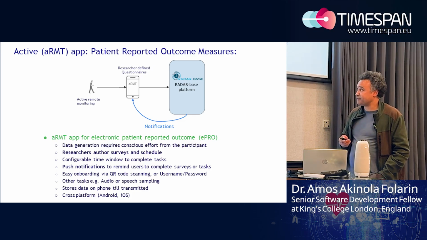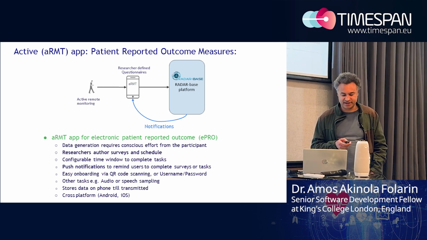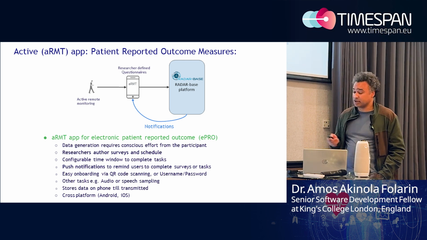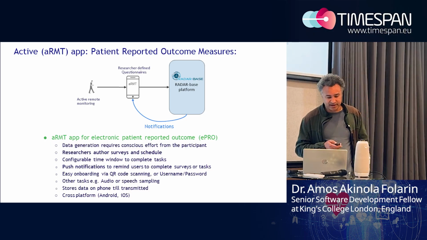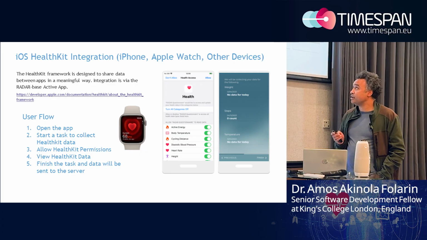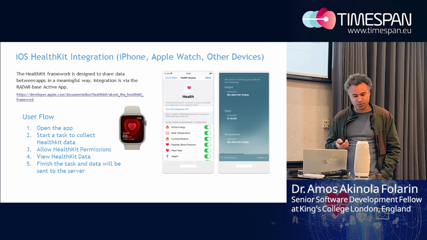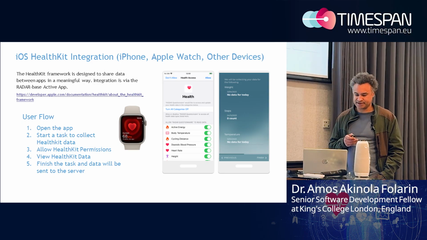We also have a few other things which we more recently started to do with the Active app, such as collecting speech samples. And again, more recently, we've integrated HealthKit data collection. So now we can collect data from the Apple iPhone, but also the Apple Watch. Because of the very specific way in which this works, you have to do this integration through a mobile app, so it's a little bit different to some of the other devices we use.